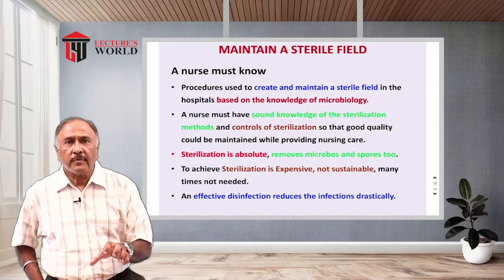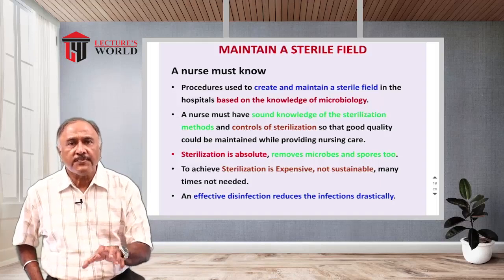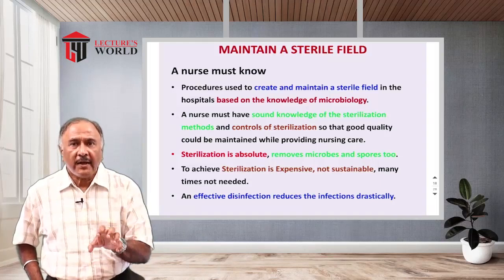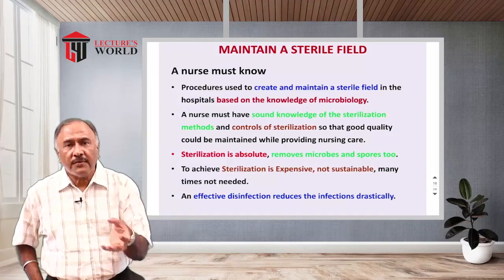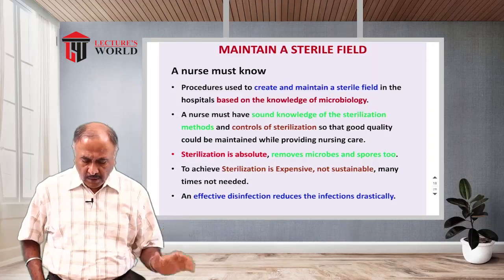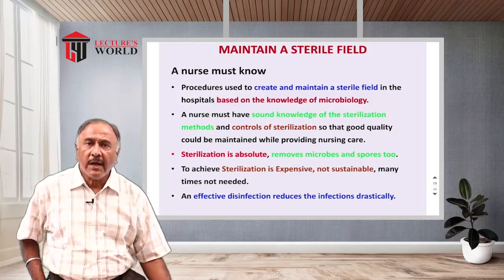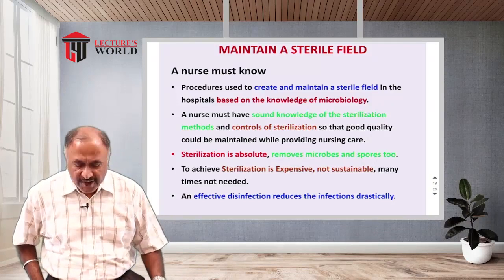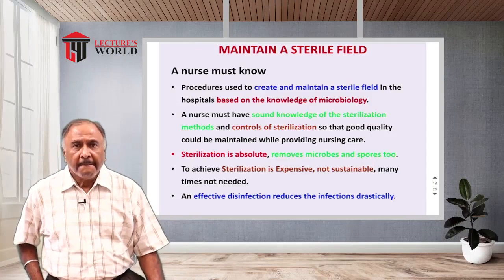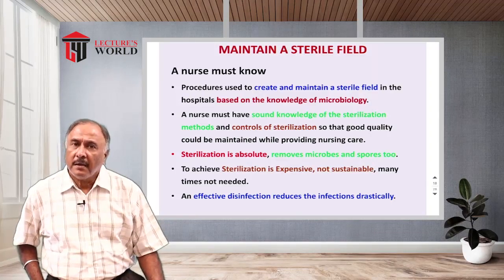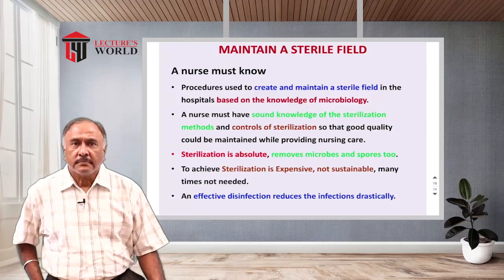the conditions or the sterile environment which is being created should be such that disease is not transmitted. This may be achieved even by disinfection in a proper and absolute manner.